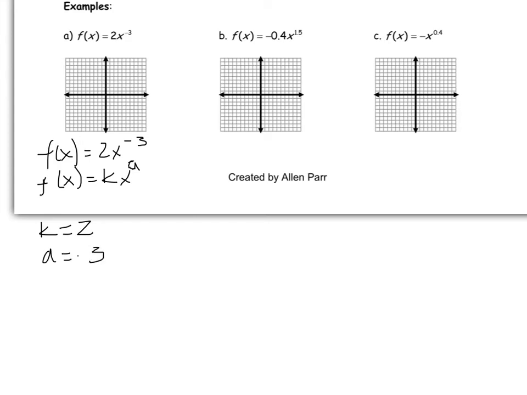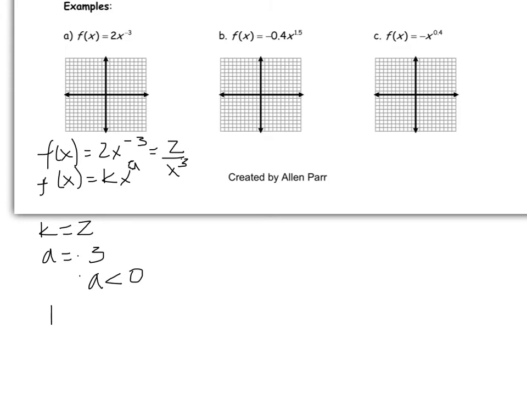Because my a value is less than 0, it's going to look like that of a rational function, because it's going to be written in the denominator. I can rewrite this as 2 over x to the third power. Written this way, most of you would realize my x is in the denominator, so half of my graph needs to look like a rational function.